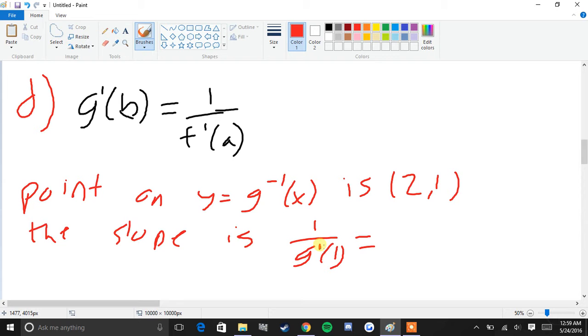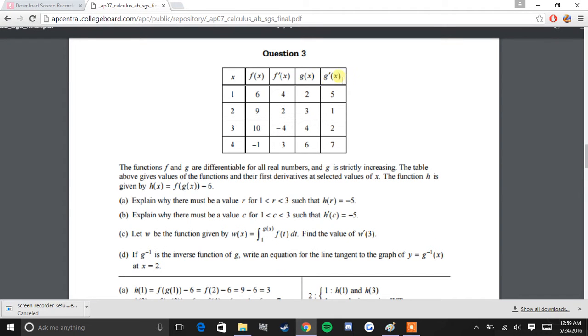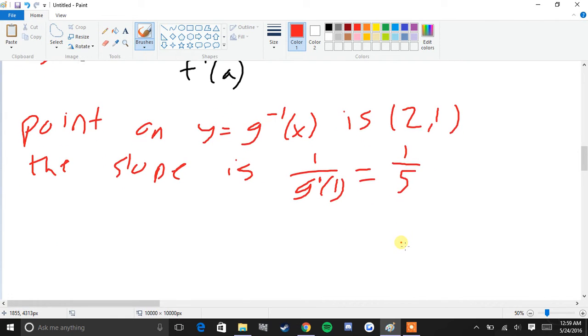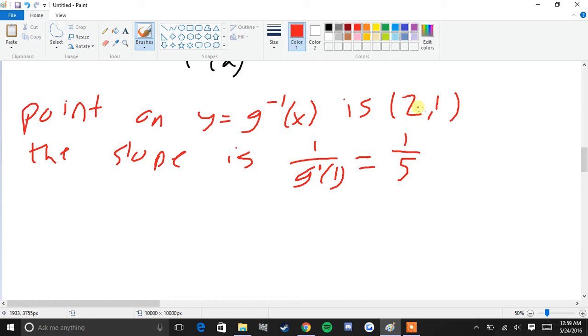So we look at what g prime of 1 is. G prime of x, where x is 1, is 5. So we know the slope is going to be 1 over 5. Now we know our x is 2, our y is 1, and our slope is 1 over 5.